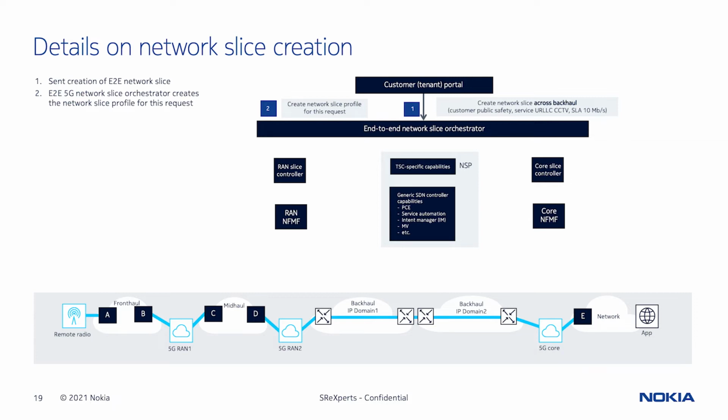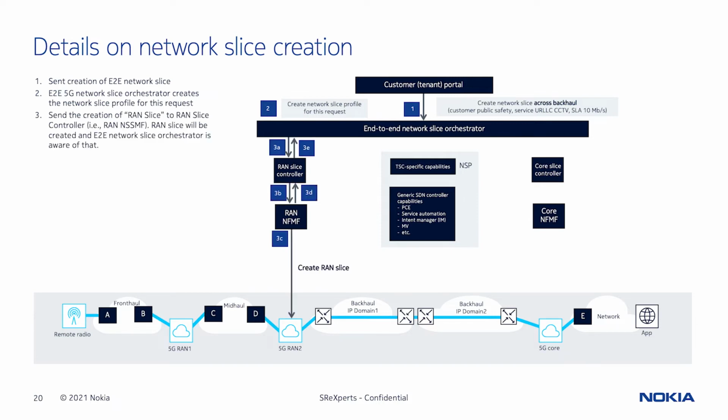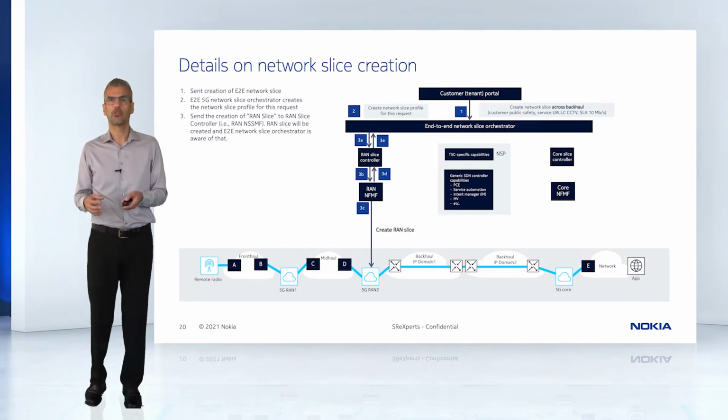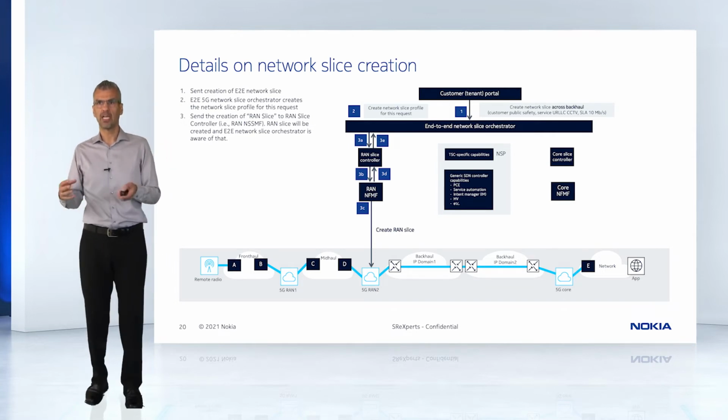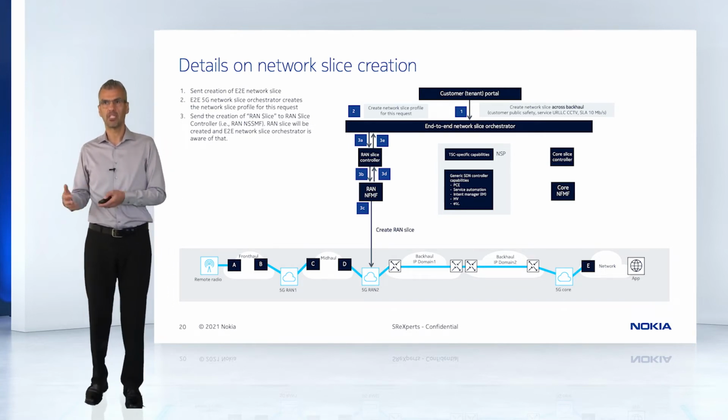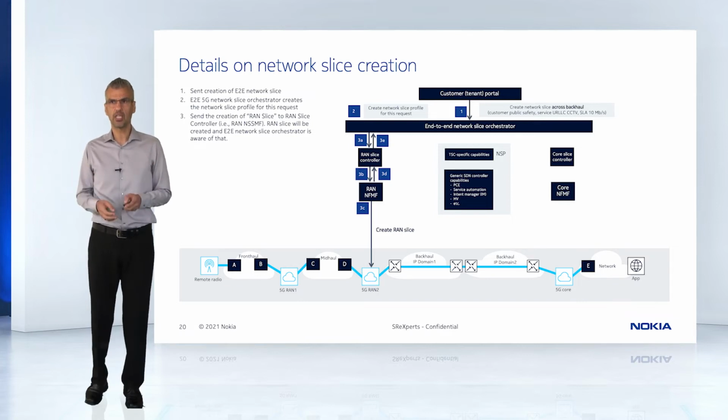The orchestrator goes through the process, and the first thing that it does, it goes through step 3A all the way to E, which basically means it talks to the RAN slice controller. The RAN slice controller creates that context and connects in the RAN. It uses the mediation. RAN and NFMF, the network function management function, is basically the mediation layer.